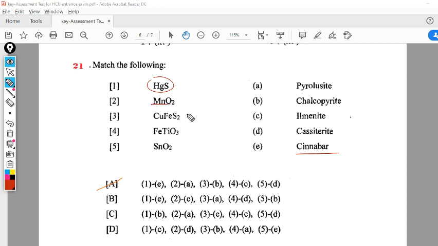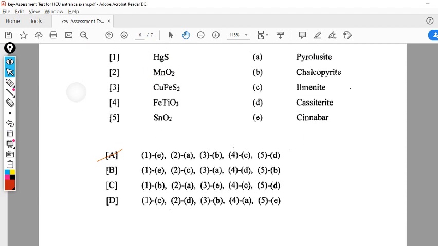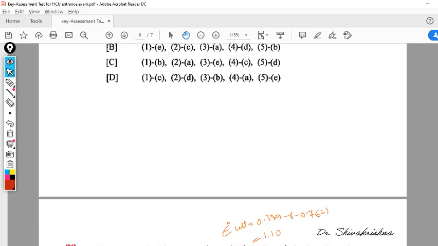MnO2 is called pyrolusite, and CuFeS2 is called chalcopyrite. Next, iron and titanium oxide is called ilmenite, and tin oxide is called cassiterite. These are all ores which are used for the extraction of metals. A direct question may come based on these names.